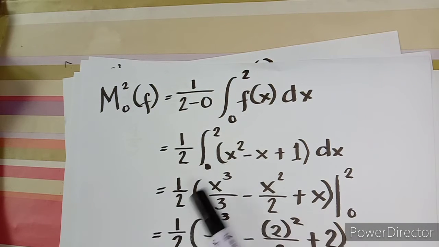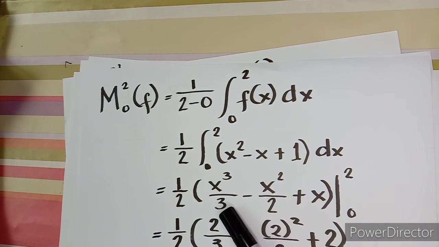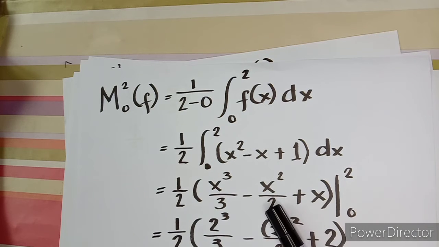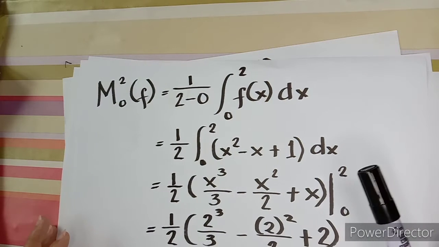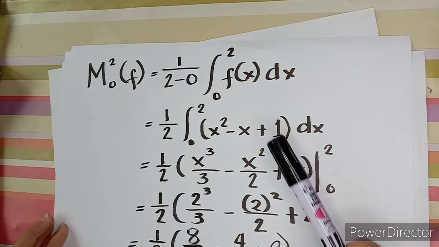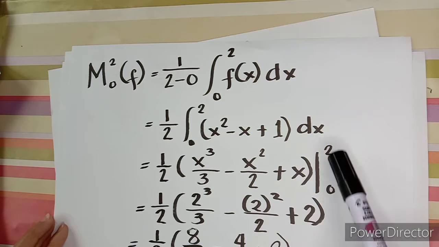So 1/2, the antiderivative of x squared is x cubed over 3, minus the antiderivative of x, which is x squared over 2, plus the antiderivative of 1, which is x. So evaluated from 0 to 2.